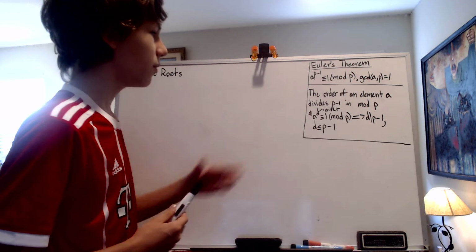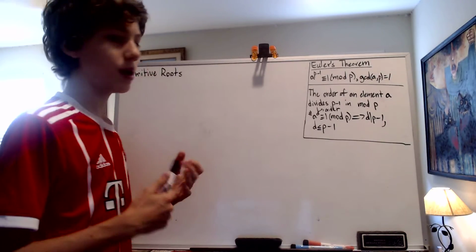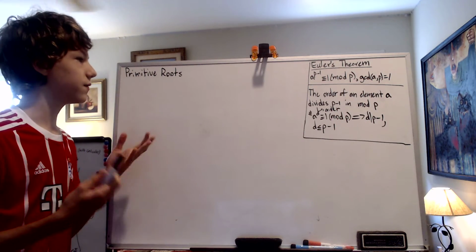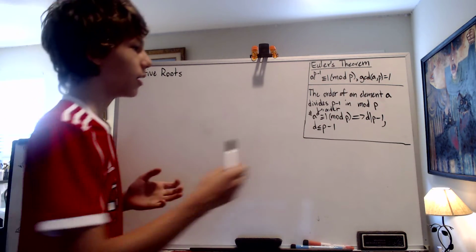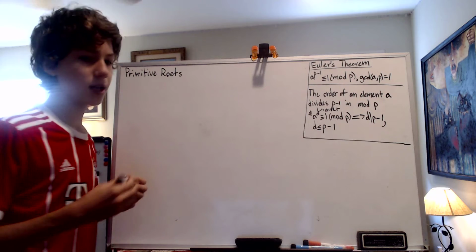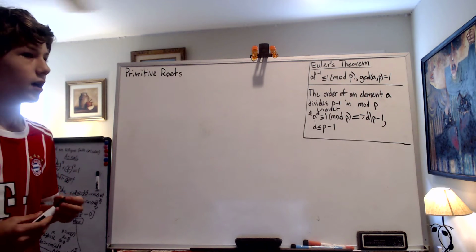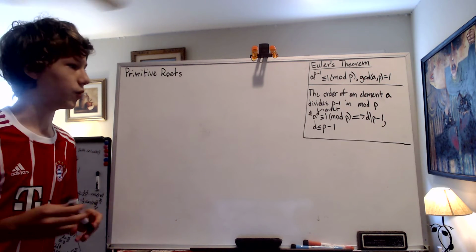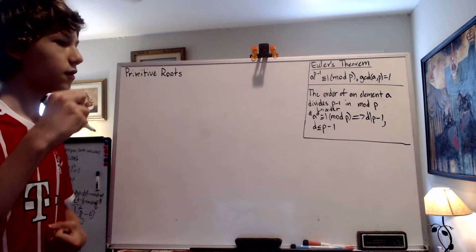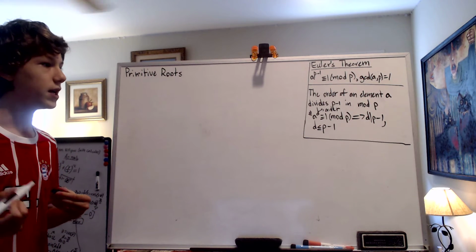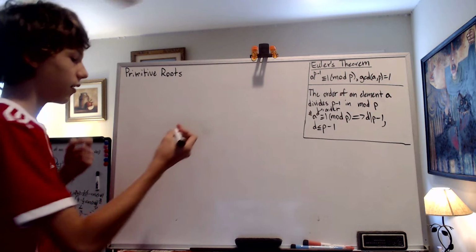So we know that, but in this video we're interested in the case where the order actually is p minus 1 for some value a. And for what value a does that hold? Well, the values for a where that holds mod p are called g.